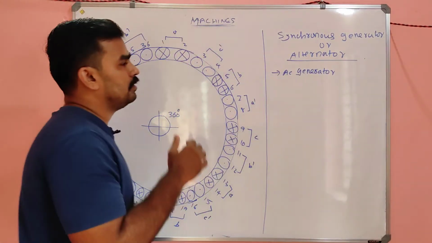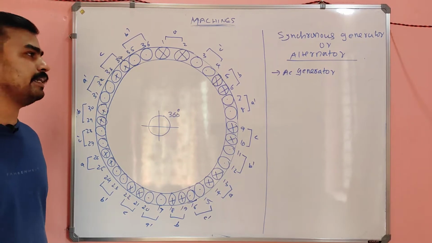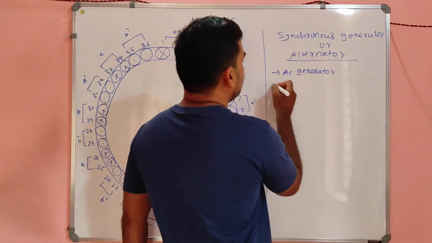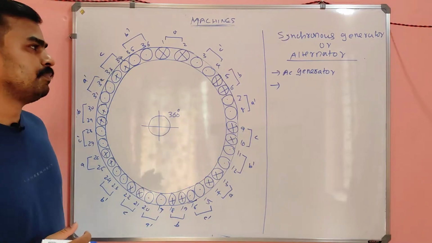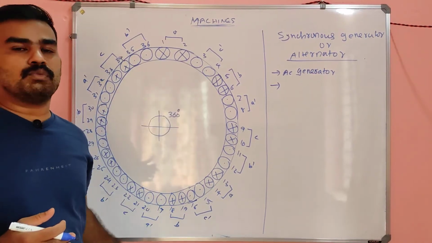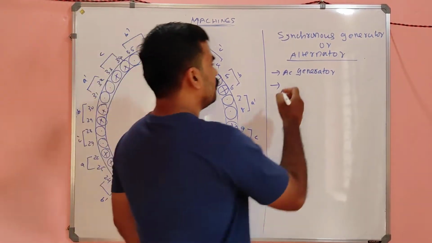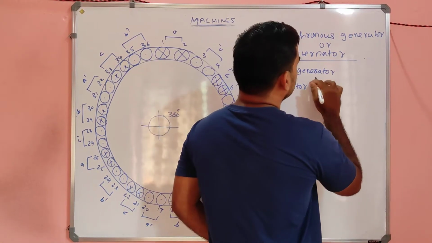So that is the main idea about the synchronous generator or alternator. The main difference between the synchronous generator and a DC machine is that in a DC machine the stator was the field poles, right? But here the stator is the armature.